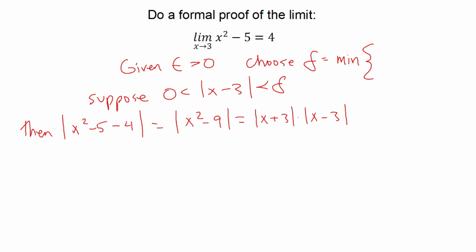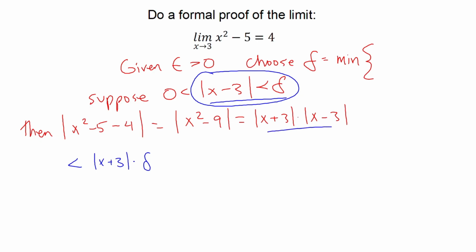Since we know that the absolute value of x minus 3 is less than delta, then we know that absolute value of x minus 3 times something that's positive should be less than that same positive thing, the absolute value of x plus 3 times delta, right? I'm really just taking this inequality and multiplying both sides of it by absolute value of x plus 3 to get this is less than this.